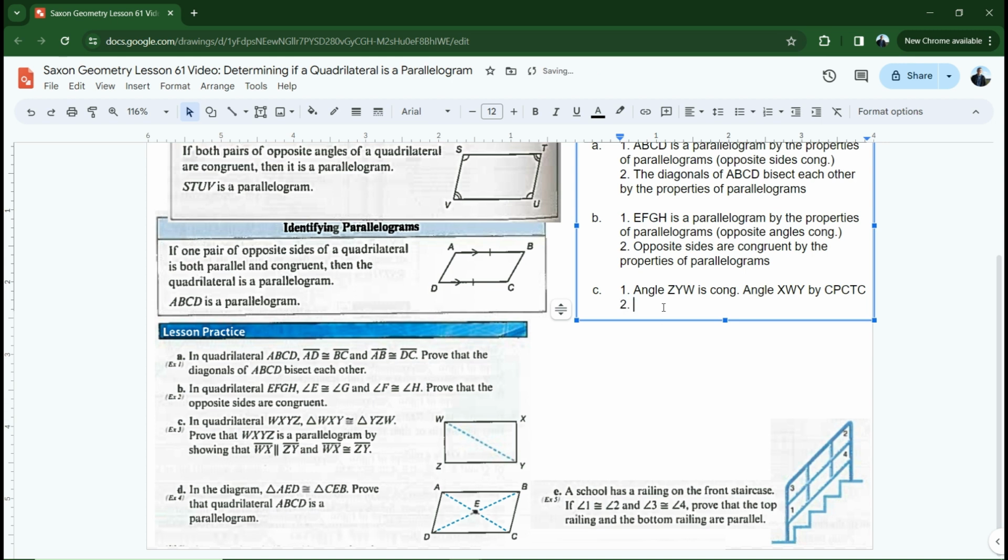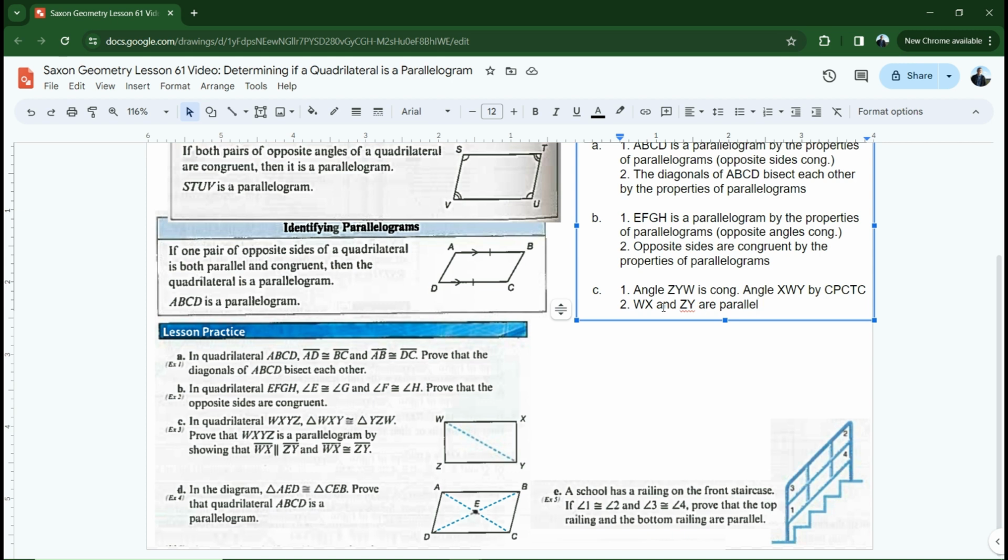is going to be that WX and ZY are parallel. And the theorem that I'm going to use there is the converse of a theorem that we've used a long time ago with transversals. So let's see, what kind of angles would those be? Those are alternate interior angles.